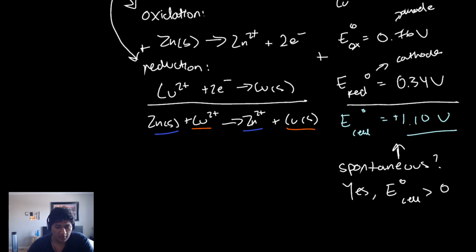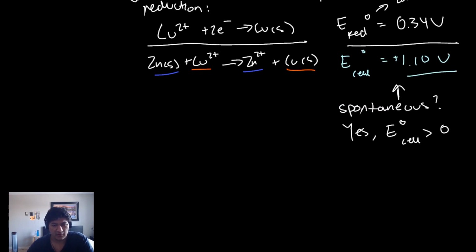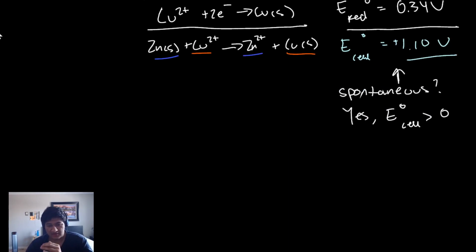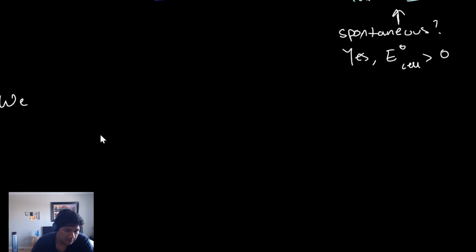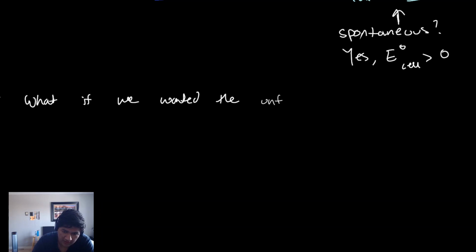So, although we had talked about galvanic cells, we talked about the favorable reaction occurring. We can have the unfavorable reaction occur as well. Let me just scroll down here. So what if we wanted the unfavorable reaction to occur?